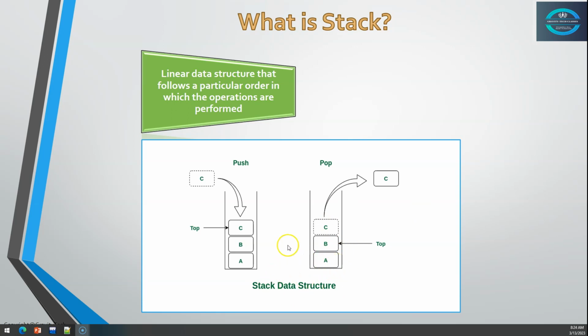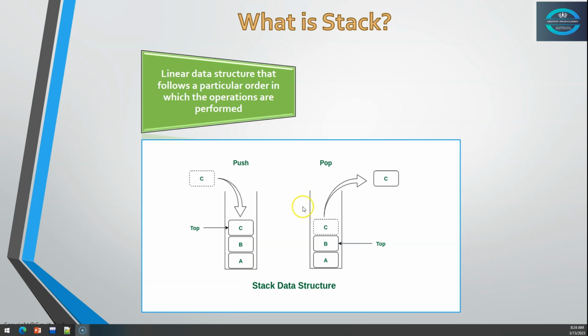A stack is a last in, first out data structure. Last in, first out means the one which is inserted last will be the one which you take out first, or FILO, which means first in and last out: whichever comes in first will come out last.